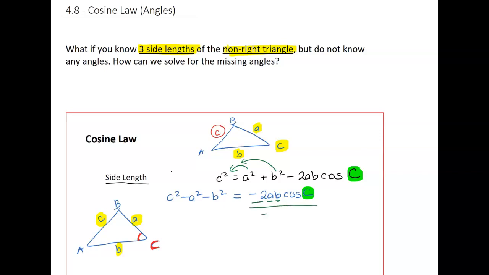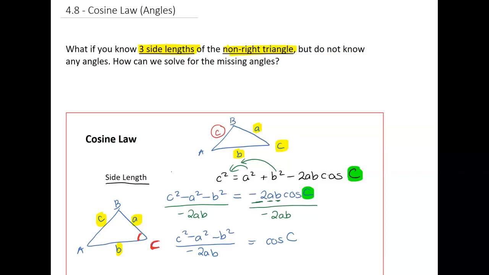So we're going to divide it out. So we're going to divide by negative 2ab. What we do to one side, we've got to do to the other side. So divide by negative 2ab. So now our equation looks like this. c squared minus a squared minus b squared all over negative 2ab equals cos c.